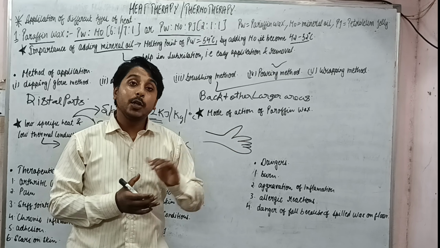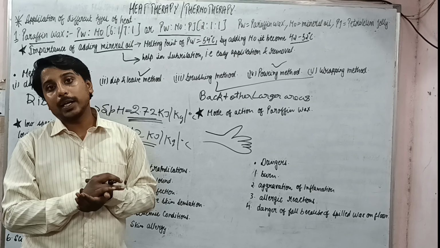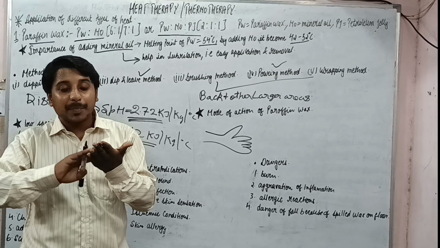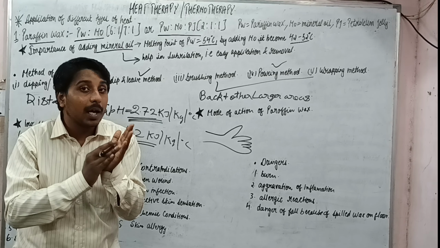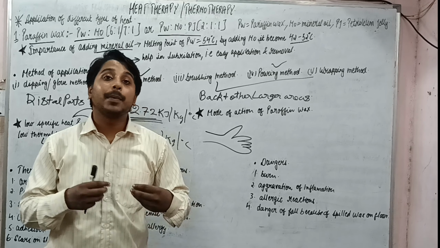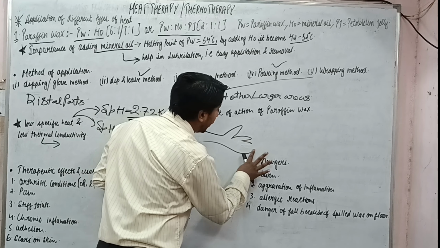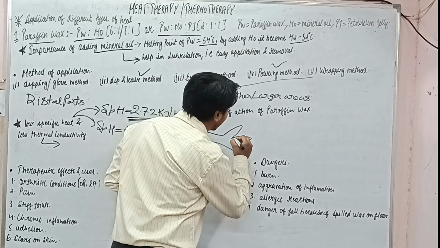Also, it will reduce sweating, as it has low thermal conductivity, so the sweat is present on the skin below the paraffin wax. So when you remove it, you will see that the part becomes moist and soft, which is very good for us. Okay, let me draw the beautiful hand.